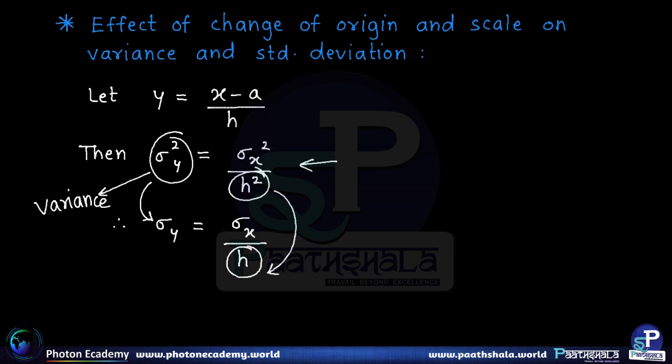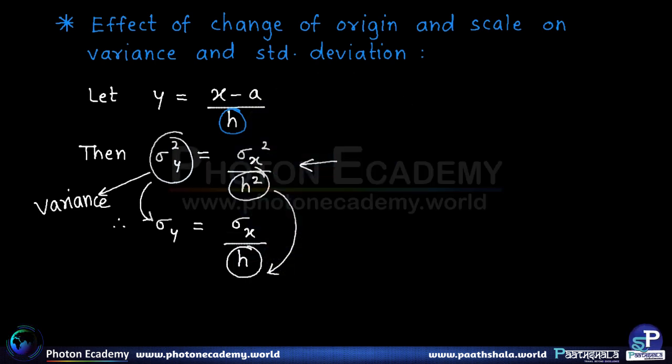Looking at these formulae, it is clear that the variance and standard deviation are affected only by the scaling factor, that is, they are affected only by the change of scale, but they are not affected by the change of origin, because you see in both of these formulae nowhere does the small a come into the picture.